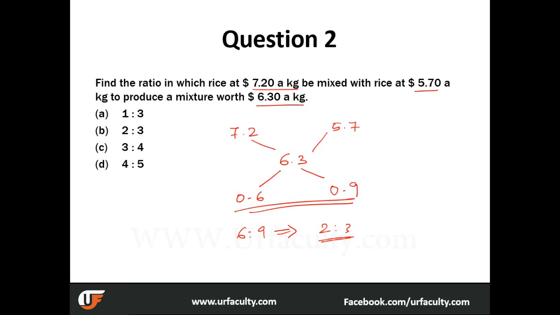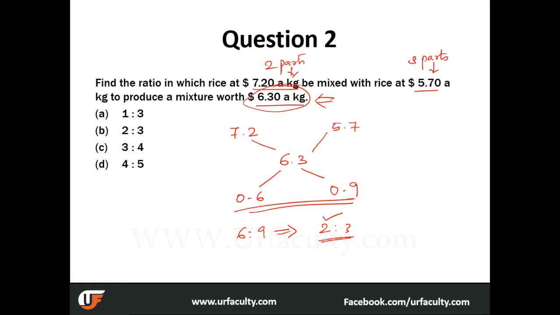So if you look at it, it means two parts of this rice and 3 parts of this rice are mixed together to form a rice which is worth a value of 6.3.